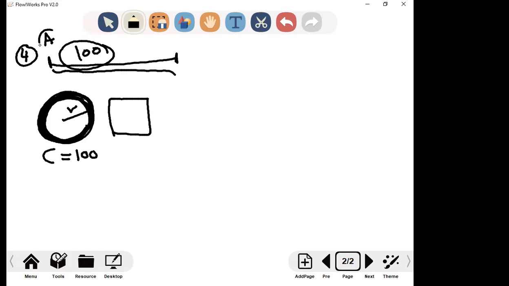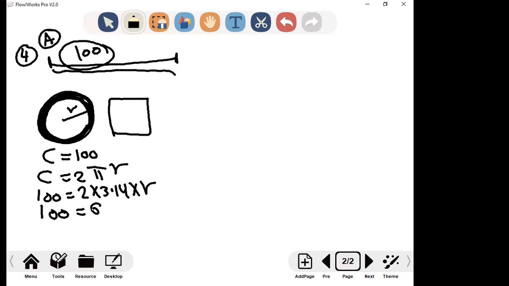So I know that the circumference is how much? I'm in part A now. Give me a formula for the circumference which has the radius. C equals 2 pi R. We took this idea before. Is C 100? Yes, 100. 2 multiplied by 3.14, I want R. 100 equals 6.28 multiplied by R, divided by 6.28.